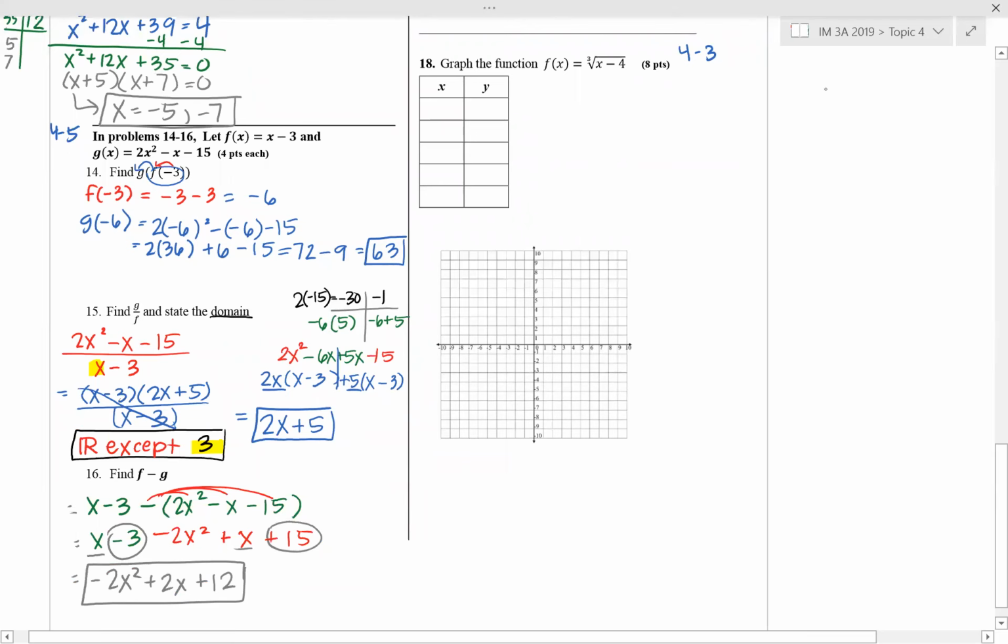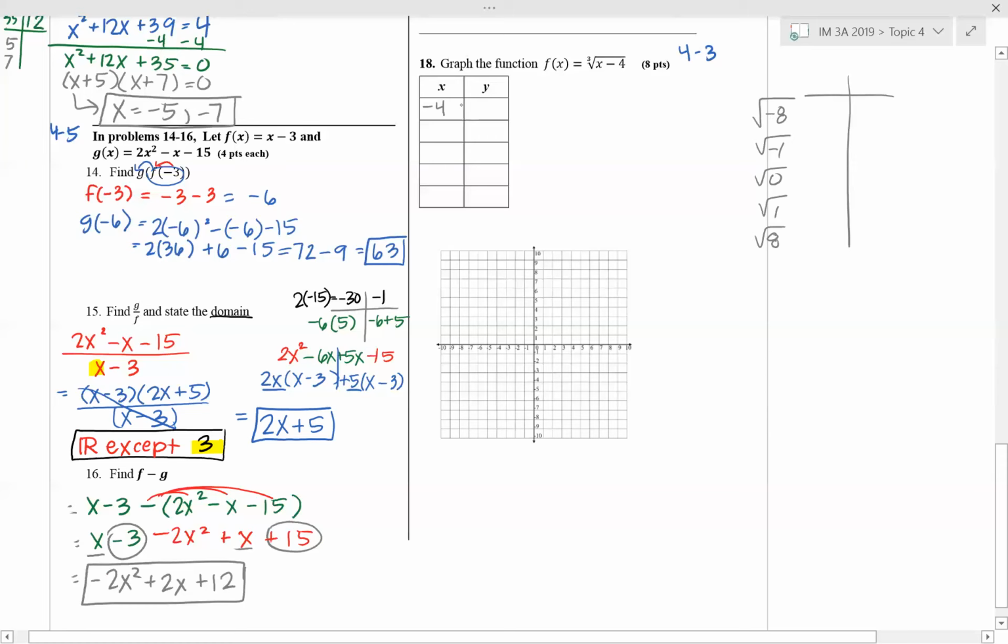If we're thinking about the table, we want the piece under the radical to be -8, -1, 0, 1, and 8, because that's -2 cubed, -1 cubed, 0 cubed, 1 cubed, 2 cubed. And so the number that I would have to have for x to make the inside -8 is -4. So -4 minus 4 is going to give me -8.